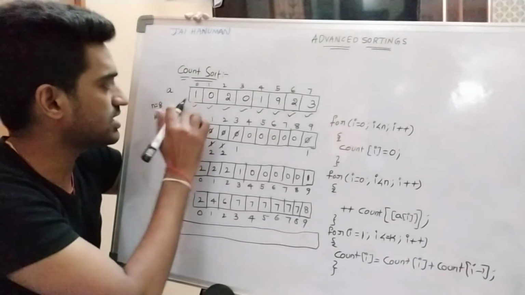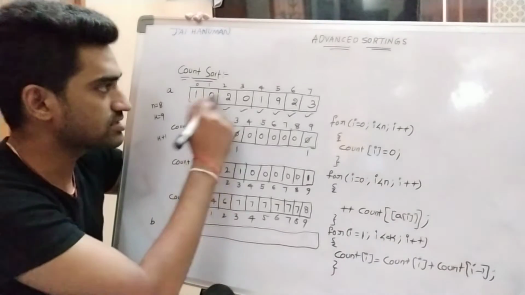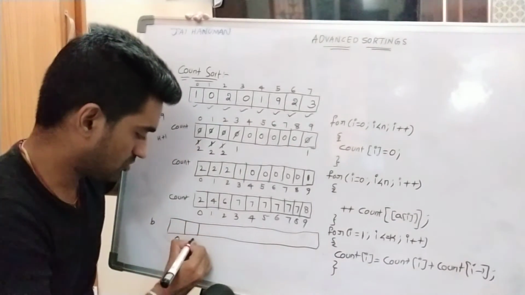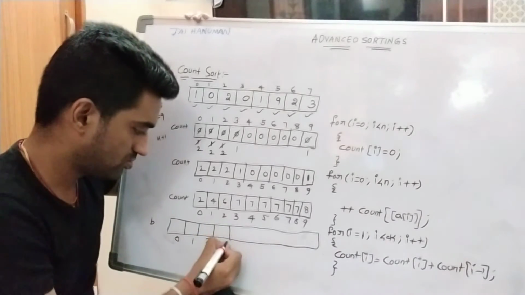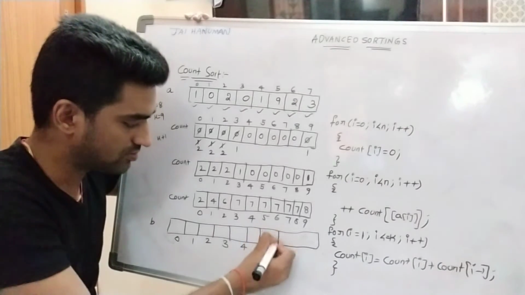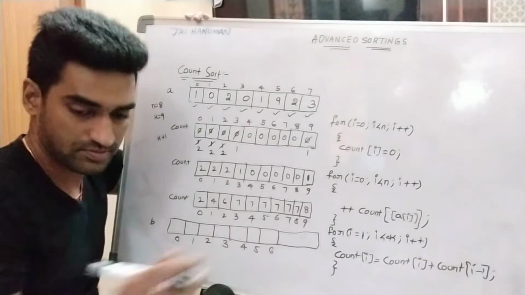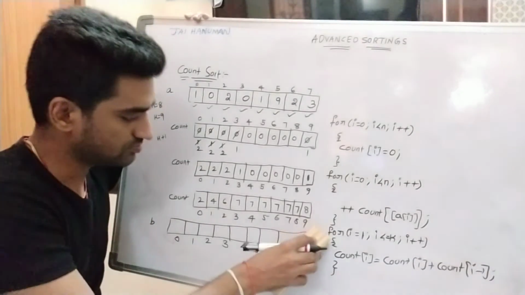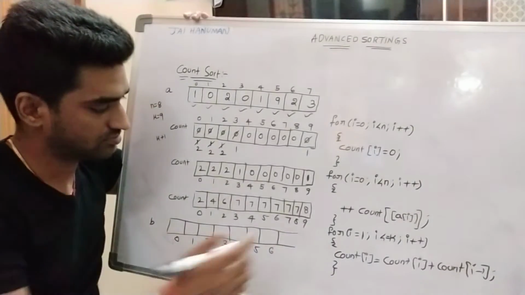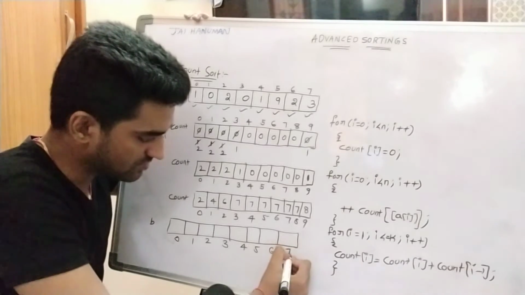Its size is also 8, starting from 0: 0, 1, 2, 3, 4, 5, 6, 7.